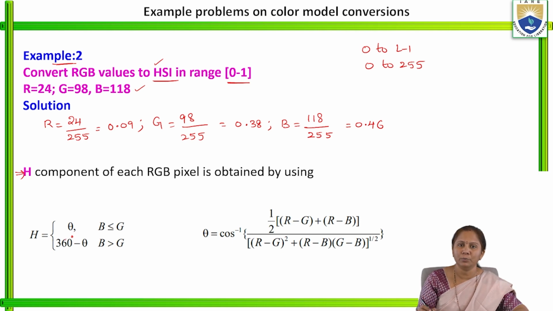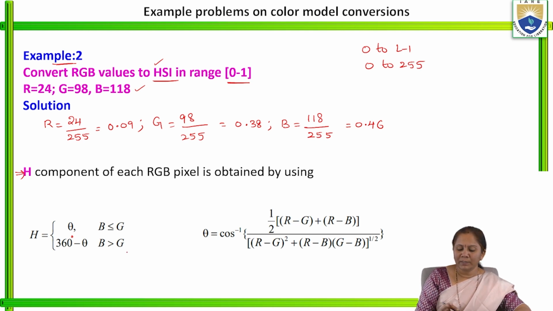First the theta needs to be calculated. The formula to find theta is cos inverse of (1/2)[(R minus G) plus (R minus B)] divided by [(R minus G) whole square plus (R minus B)(G minus B)] whole power 1 by 2, or we can apply root.